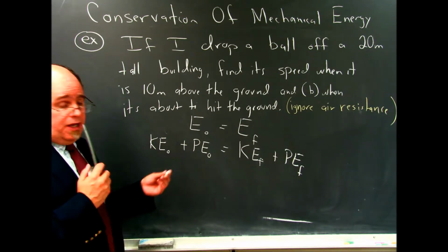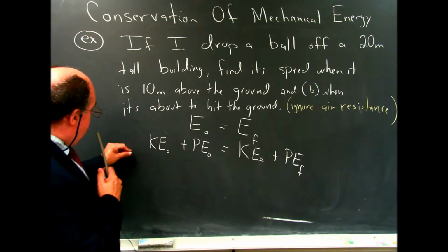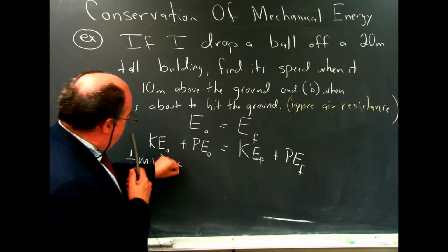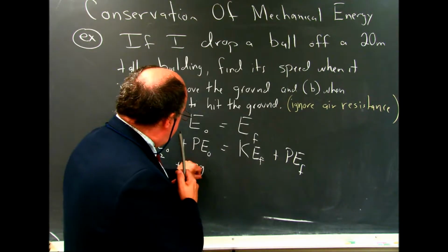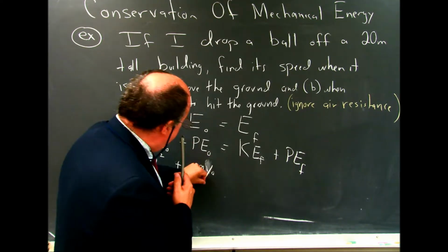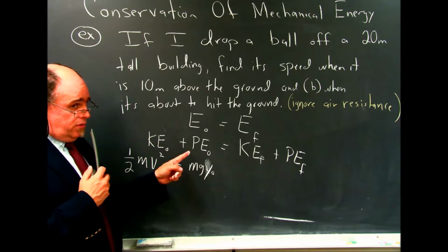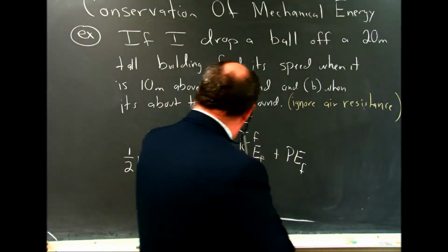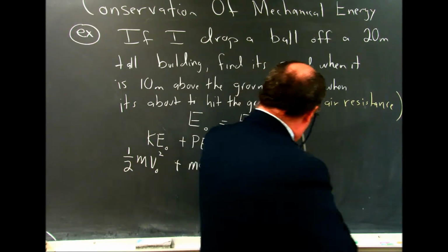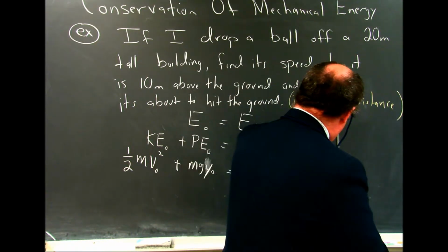And if I keep on expanding that, kinetic energy expands to 1/2 m v initial squared plus m times g times y initial, sorry, this is a y. So we're talking about gravitational potential energy, and that equals 1/2 m v final squared plus m times g times y final.